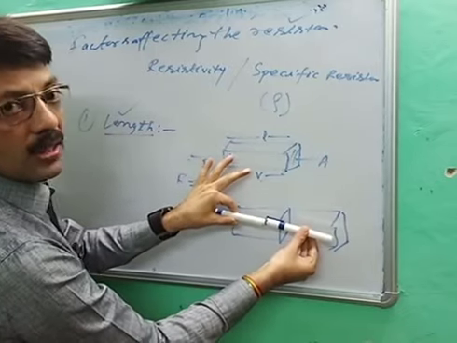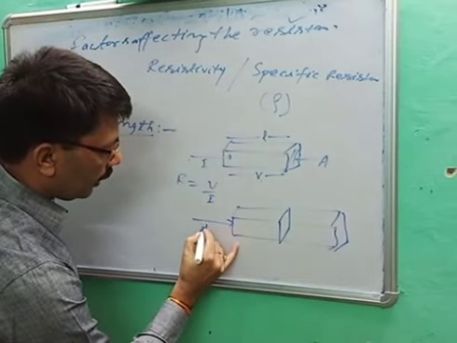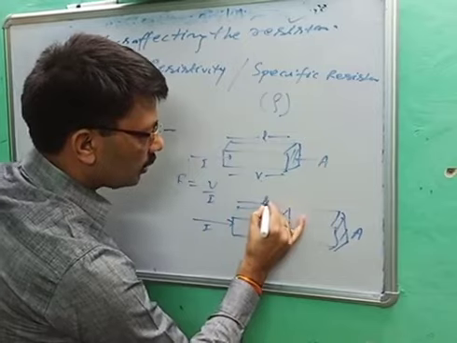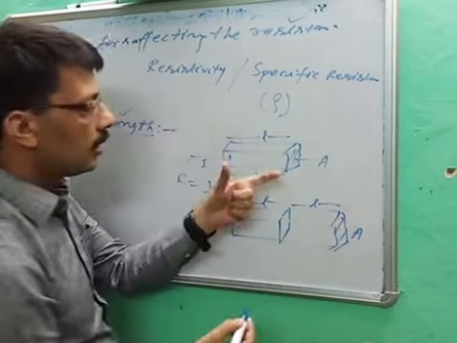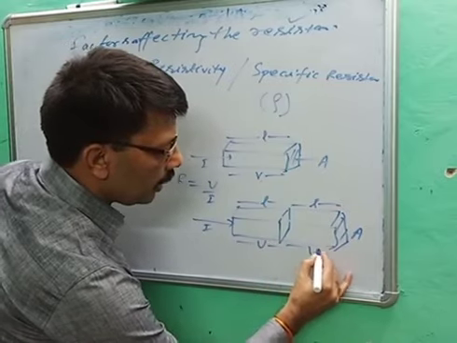This is called a series combination. We will study it. Then the current is I, area is A, and the length increases: here the length was L, now the length is 2L. Voltage is V, and here again voltage is V.